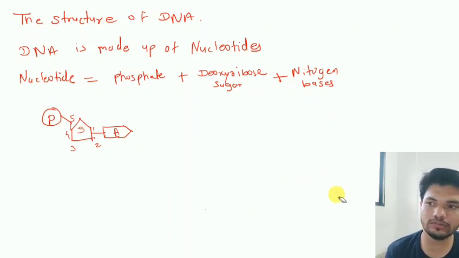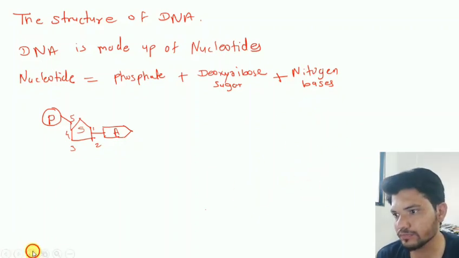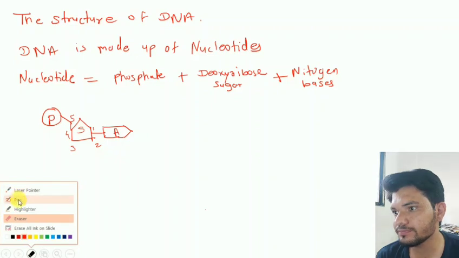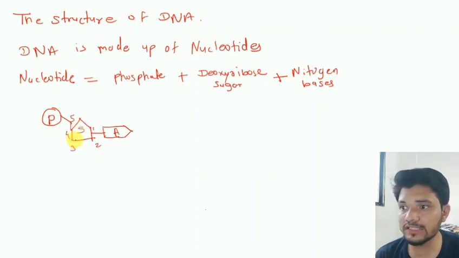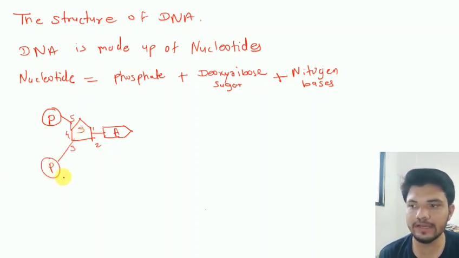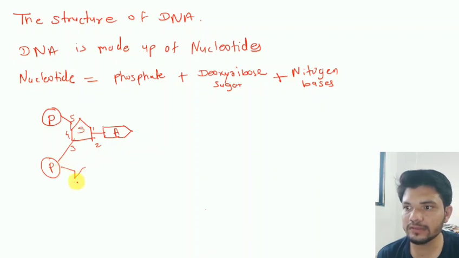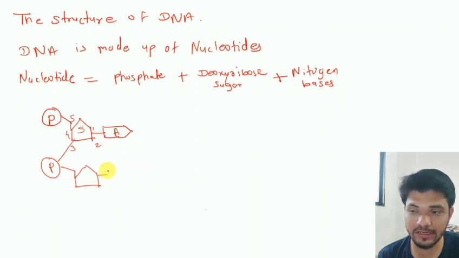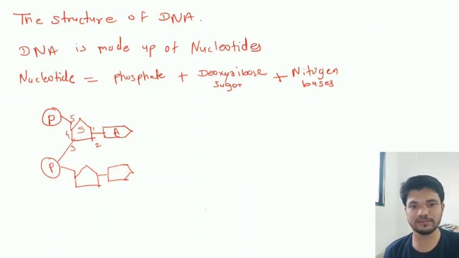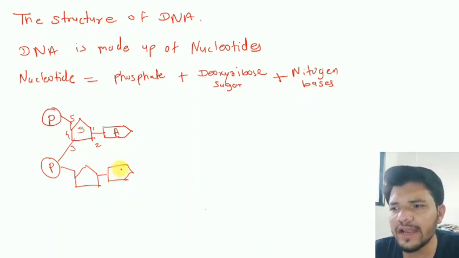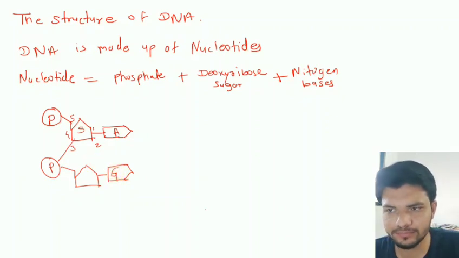On the third carbon of the deoxyribose sugar, the next phosphate is attached. And here is the deoxyribose sugar of the next nucleotide, and this is the nitrogen base. Let's say this nitrogen base is guanine.